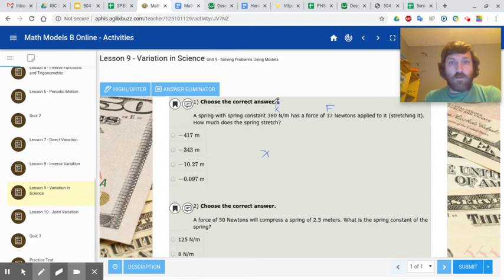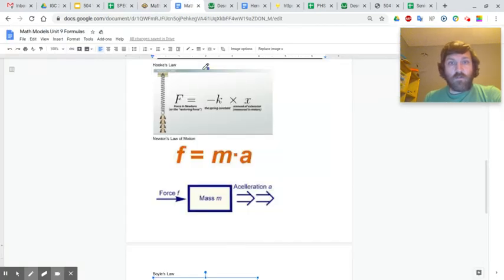So if we're solving for X, we are going to be doing F divided by negative K. You would need to plug in the F and the K and then solve for X. So that means we divide by K. In short, we're going to do F divided by K to get X.